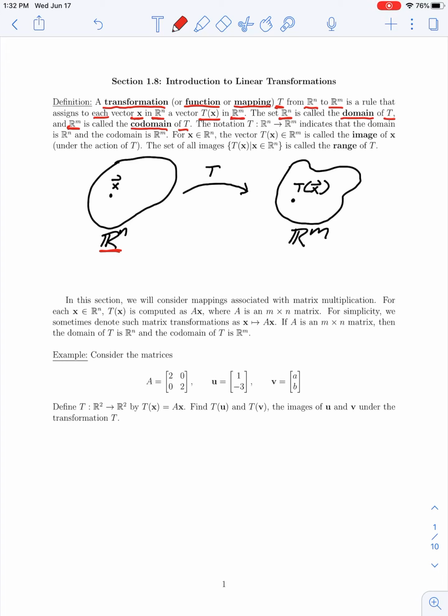The notation that we'll sometimes use throughout this course would be the following. T maps from Rn to Rm. So we're moving from n-dimensional space to m-dimensional space. This notation indicates that the domain of our transformation is Rn, and our codomain is Rm.